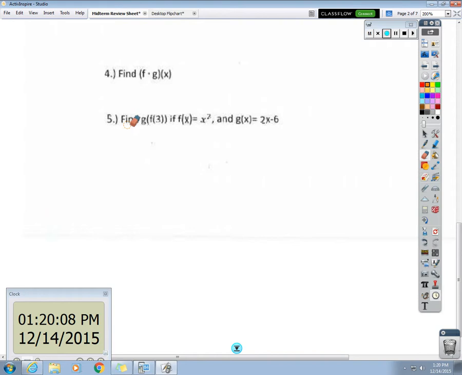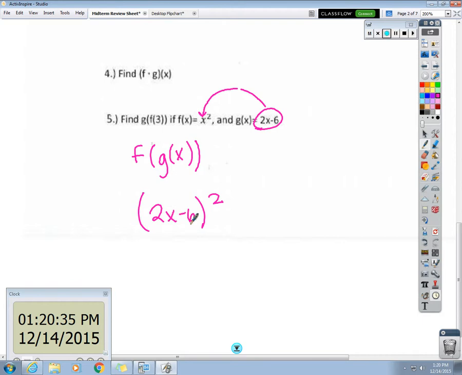However, when you're taking the actual midterm, it doesn't give you a number to plug in. It does something like this, f of g of x. So when it gives it to you like that, what do you do? Correct. You plug the entire g of x function into the f function. So instead of x squared, we plug in 2x minus 6 into the x and then square it.